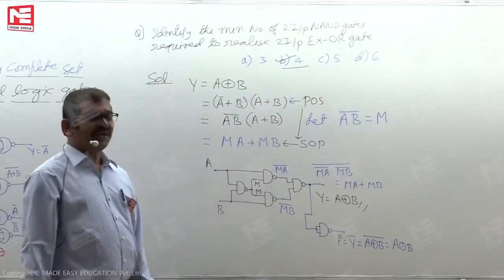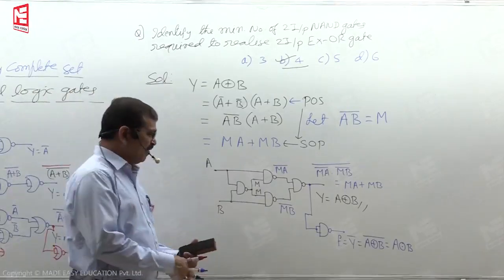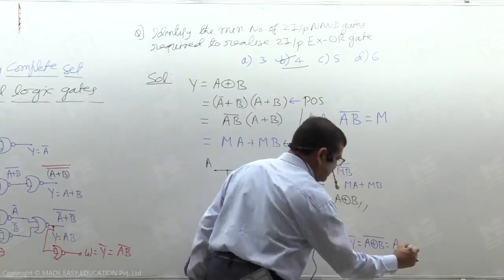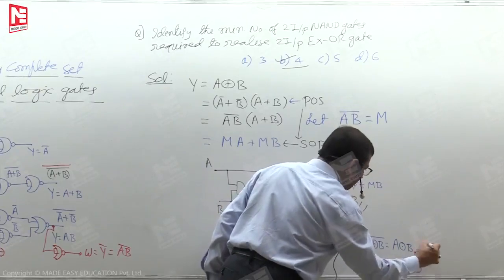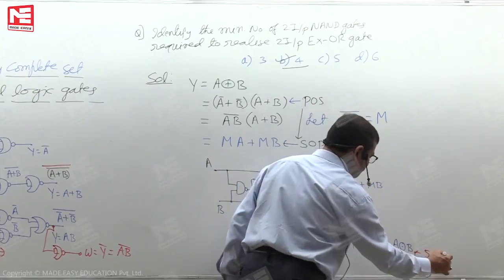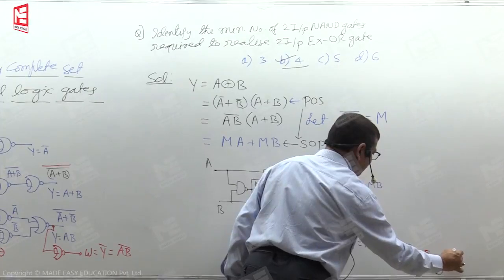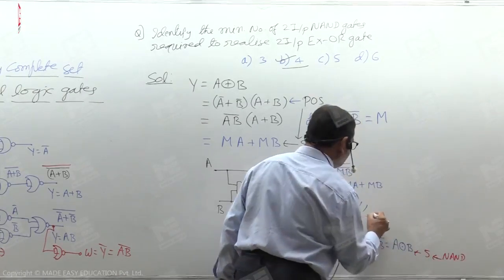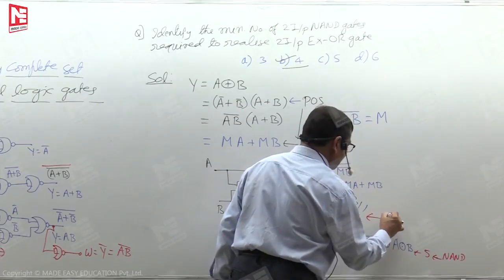Hence, for realizing the exclusive NOR operation, we need 5 gates, 5 two input NAND gates. Here for the exclusive OR, 4 two input NAND gates.